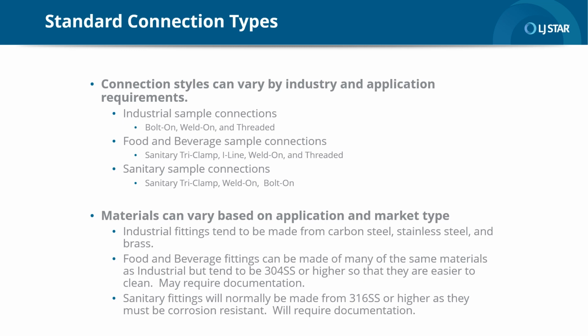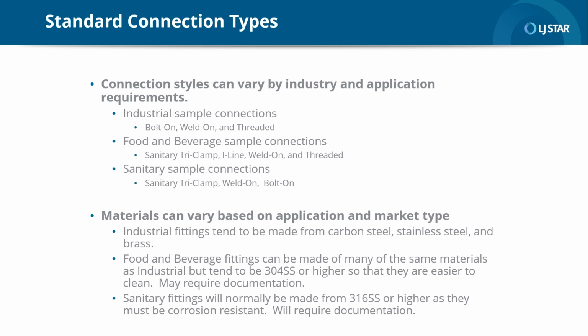But what we tend to see is, in industrial, a lot of carbon steel, stainless steel, and brass. When we get into food and beverage, we may still see some brass, but they tend to get a little bit more into the 304 or higher, 304, 316. Those are usually acceptable materials and pretty standard for LJ Star.